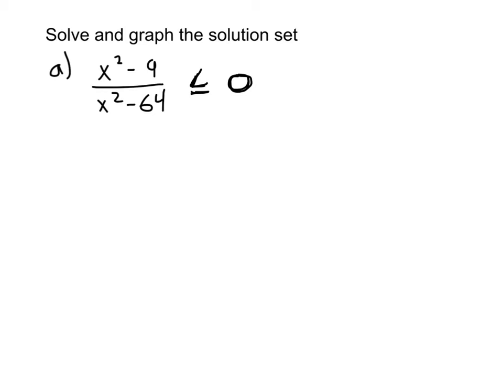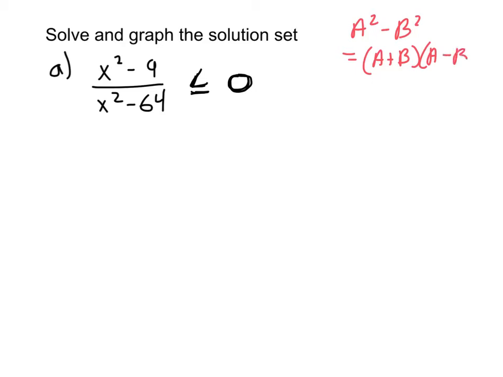Next thing you're going to have to do is factor. Before I start factoring, I just want to remind us that a squared minus b squared is the same thing as a plus b times a minus b.